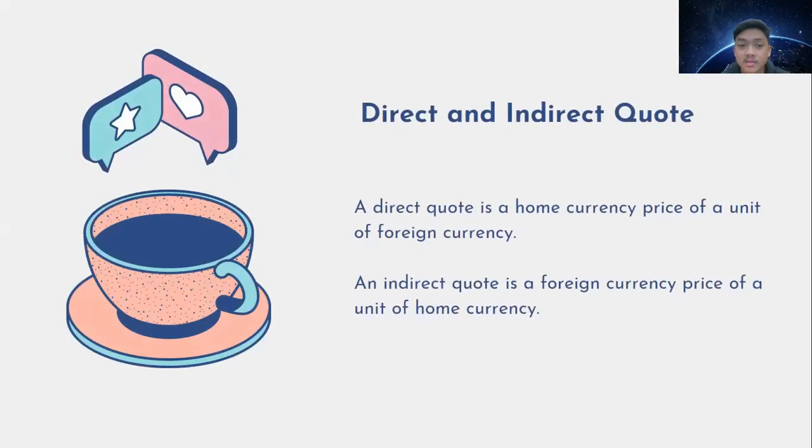And we move to direct and indirect quote. A direct quote is a home currency price of a unit of foreign currency, and for the indirect quote is a foreign currency price of a unit of home currency.